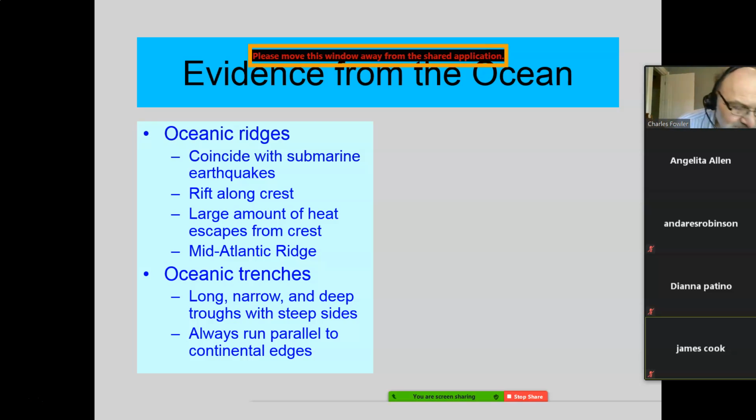In fact, one of the earlier editions of this book came with DVDs or CDs, I don't remember, it was so long ago, that actually had visual camera pictures of these submarine earthquakes.